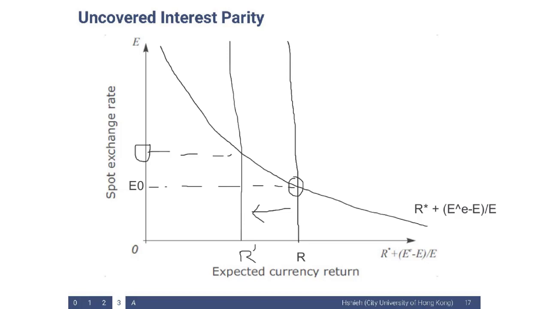Macro shocks, war, and obviously things like quantitative easing. If you have decreases in R, you can visually know how things should look. If there's quantitative easing, we have changes in interest rates, then the line is going to move, and now you know the direction in which E must change. So this is our visual tool we're going to be working with throughout this course.